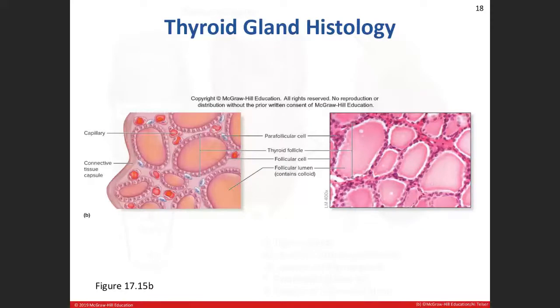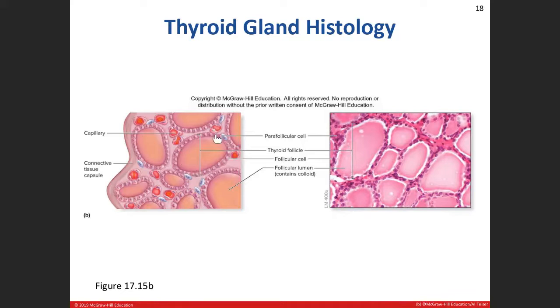All right. So, a quick glance at the thyroid gland histology. Again, remember we referred to that one slide in chapter 5 in lab as glandular tissue or glandular epithelium, and it resembled simple cuboidal epithelium. Very similar, so that's what we're seeing here.